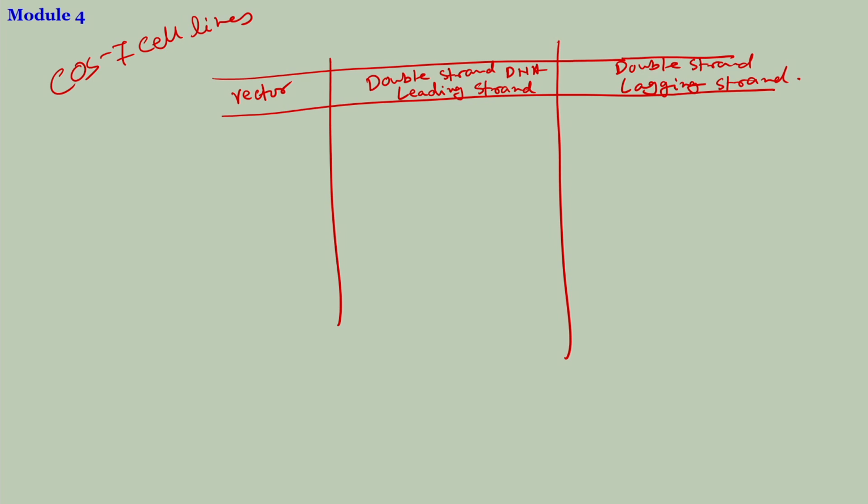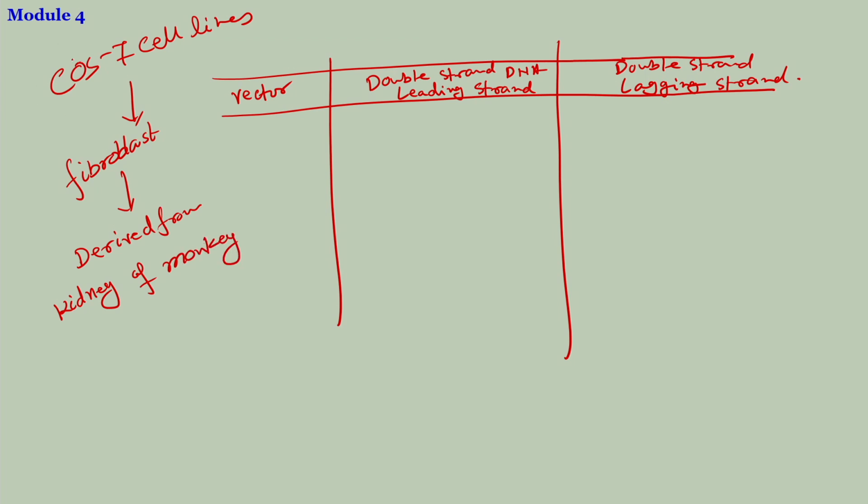This is basically a cell that has been isolated from fibroblast, a kind of fibroblast cell, derived from the kidney of a monkey.